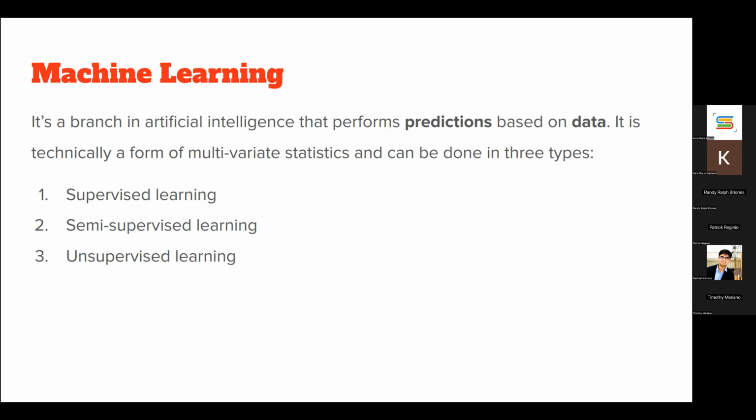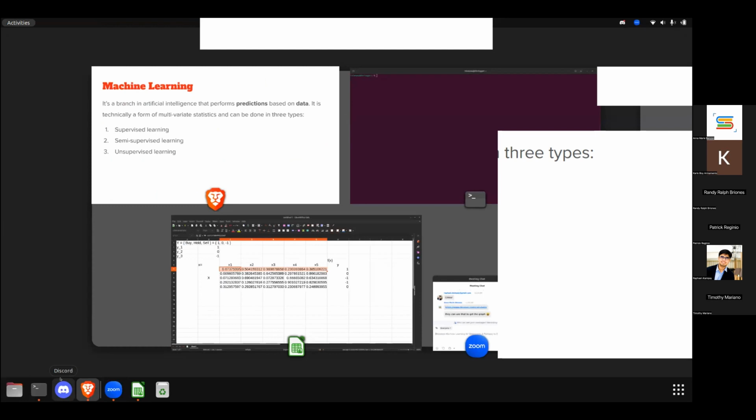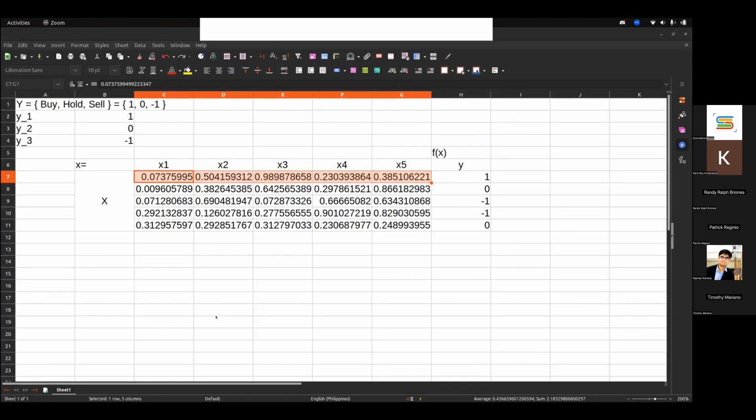I'd say supervised. Why is it supervised? So you already know what you're looking for. You have data in the past that already told you whether to buy, hold, or sell.